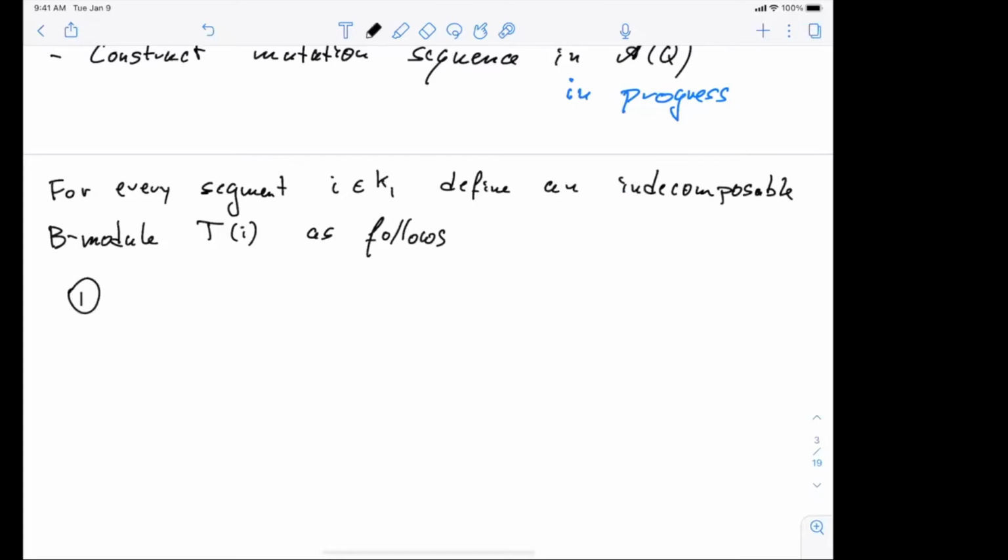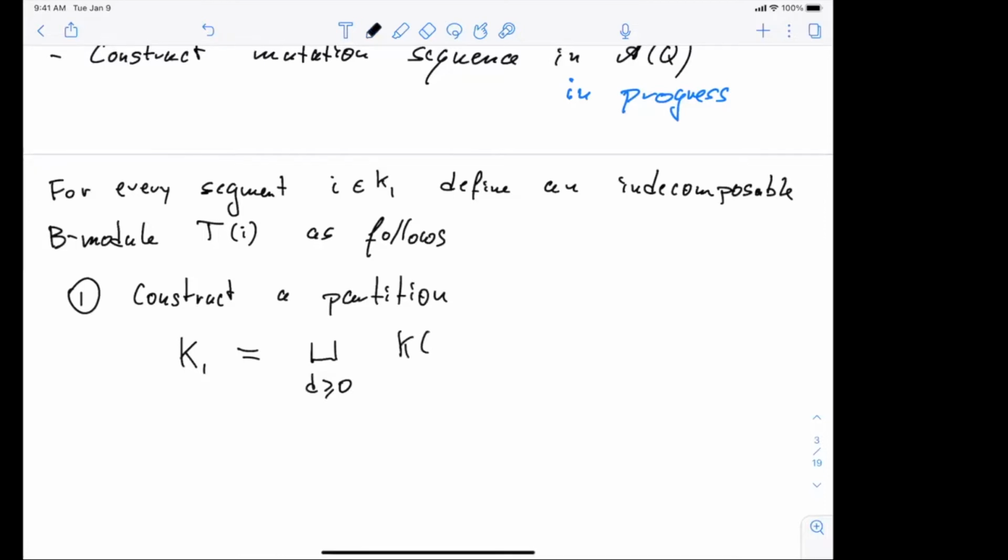So the first step is to construct a partition of the set of all segments, K_1, into subsets K_I^t.